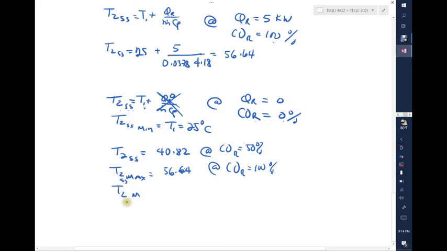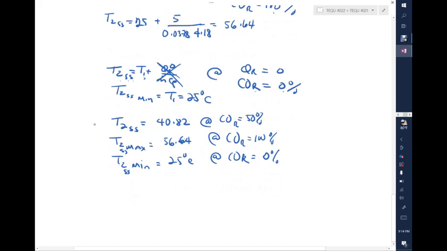Let's always put the word SS, meaning steady state. So now we have clearly established that this system has a steady state value, but it can also have a maximum and minimum.